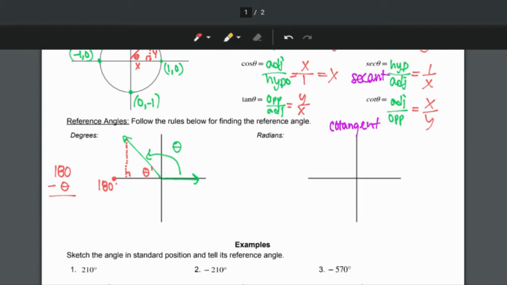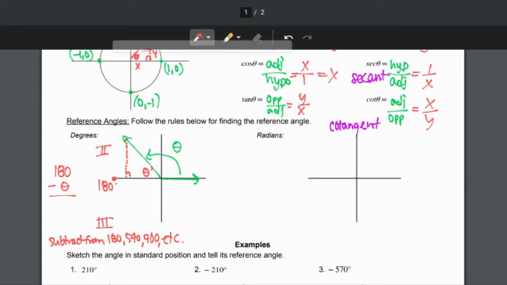If it's on the left side and it ends up in quadrant 2 or quadrant 3, you would subtract from 180, 540, 900, etc. If you have an angle that terminates in the first or fourth quadrants, however, you're going to subtract from 0, 360, 720, and so on.